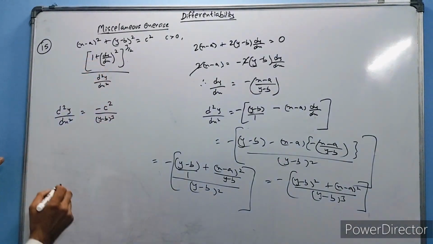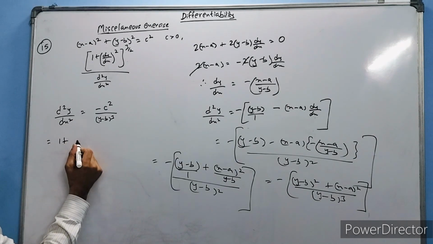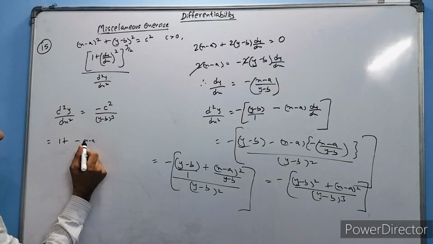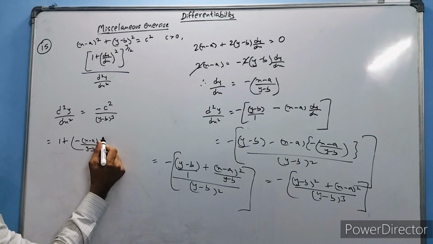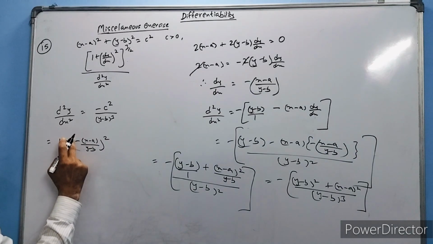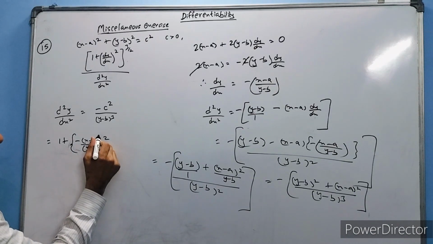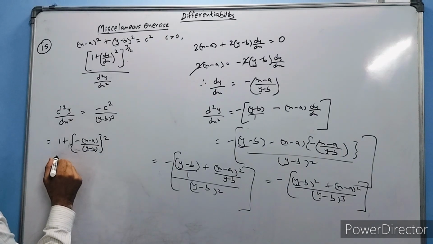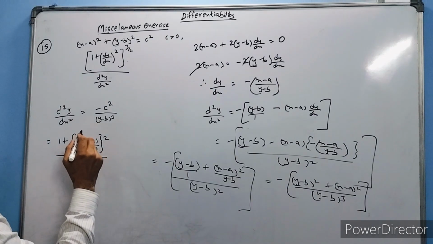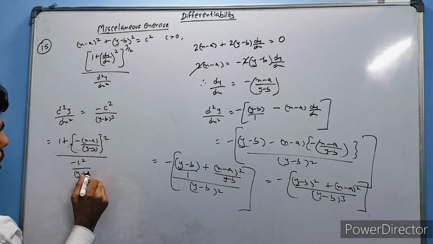We have 1 plus (−(x − a)/(y − b))², in a bracket, upon −c²/(y − b)³.